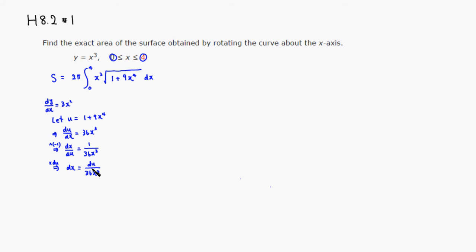Then we also have to do the lower limit and the upper limit. So x is going from 0 to 4, which means that u is going to go from, plug in 0, so 1 plus 0 is 1, to, put in 4, so 4 to the 4th power. What's that?